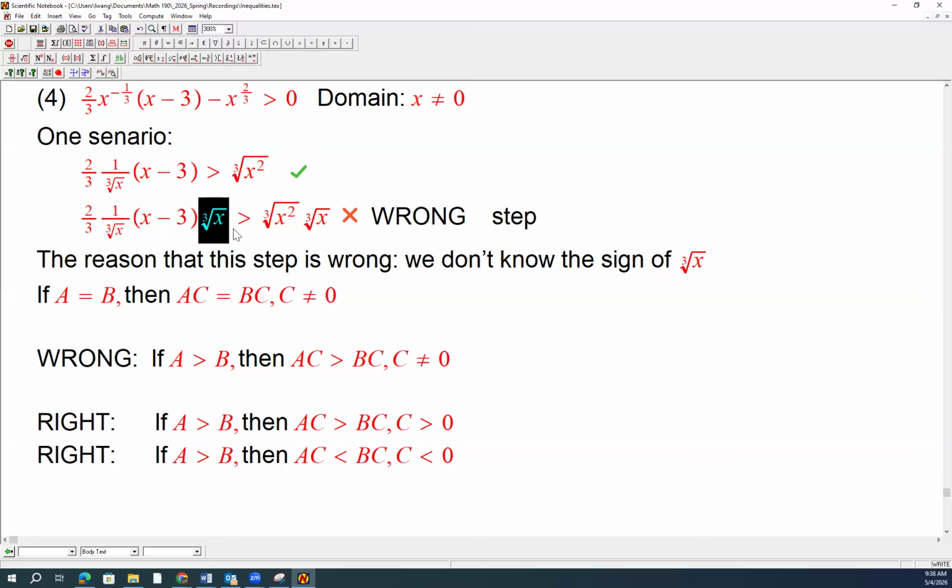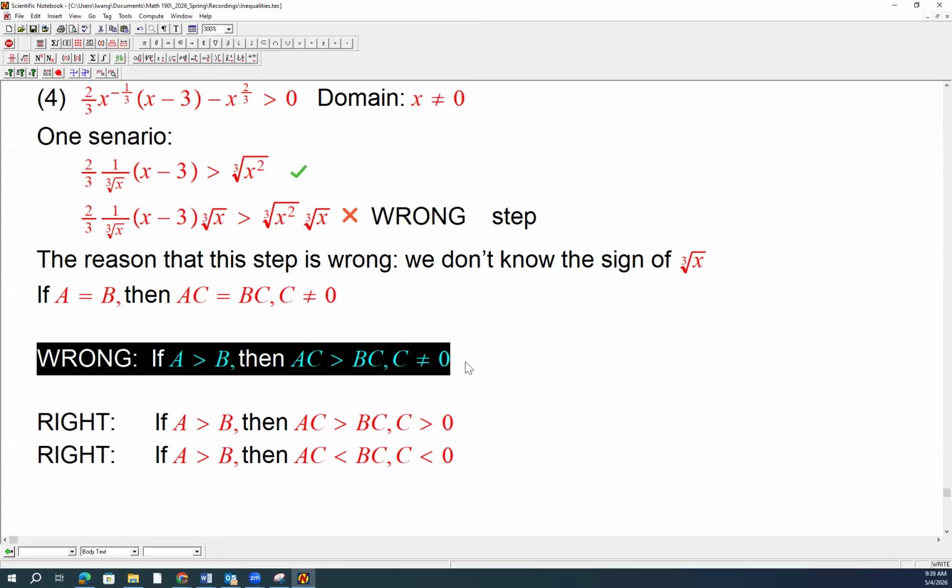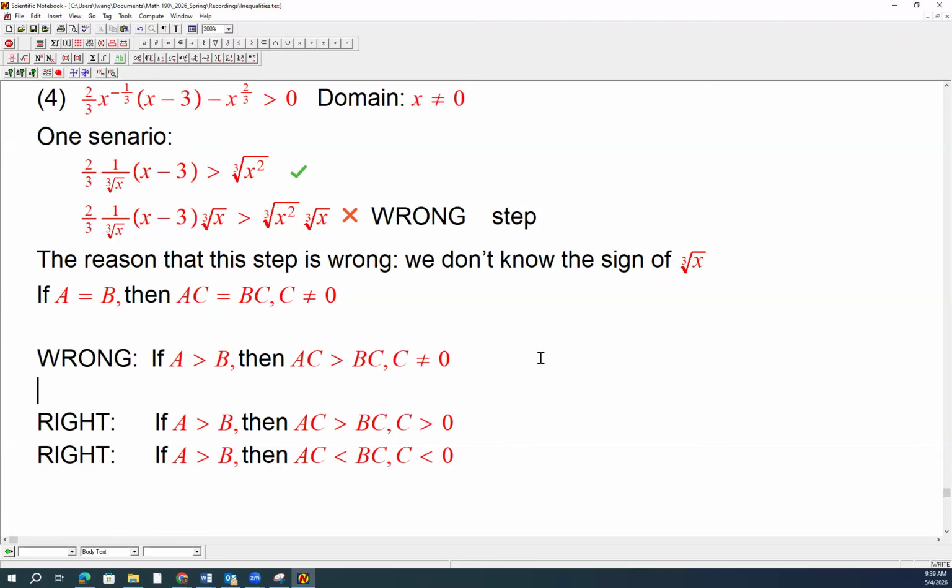This is an all-time common mistake. Only when we are certain that C is positive do we keep the inequality sign, or if C is negative, we switch the inequality sign. If we're not certain, we cannot do this.